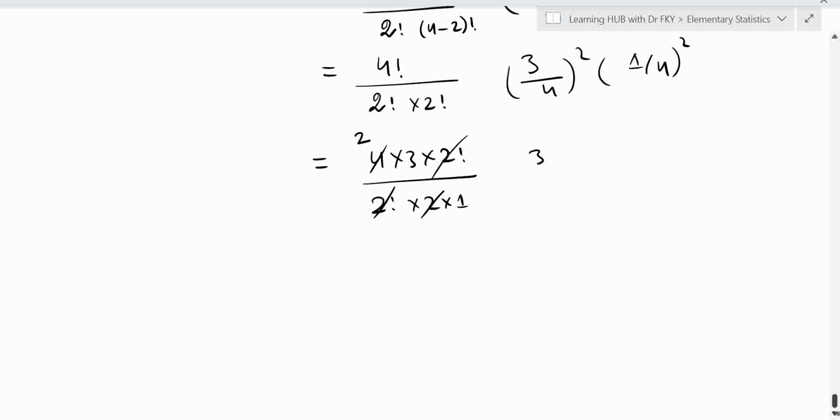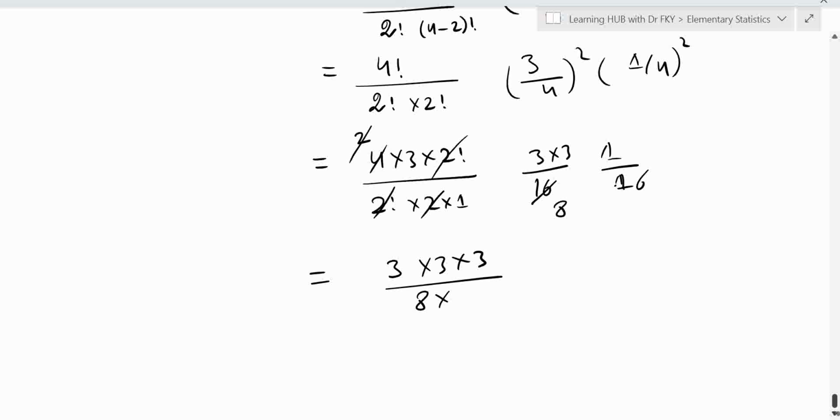Now 3 divided by 16 and 2 1, this is 3 multiplied by 3, and this is 16. So this probability you can say will equal, you can again cancel this with 8, and this will be 3 multiplied by 3 multiplied by 3, and this is 8 multiplied by 16.